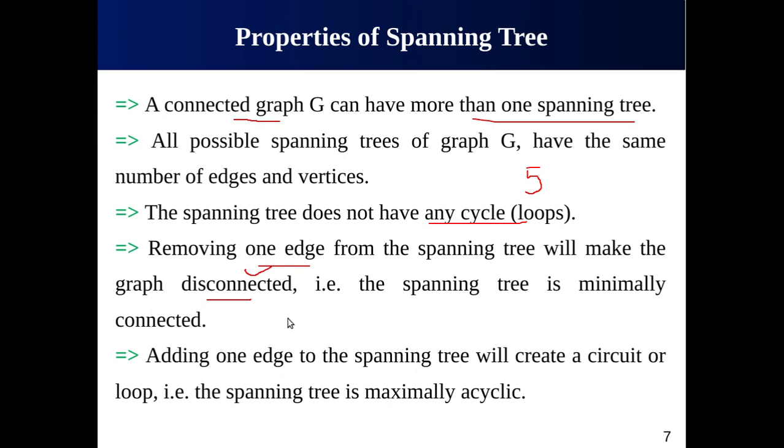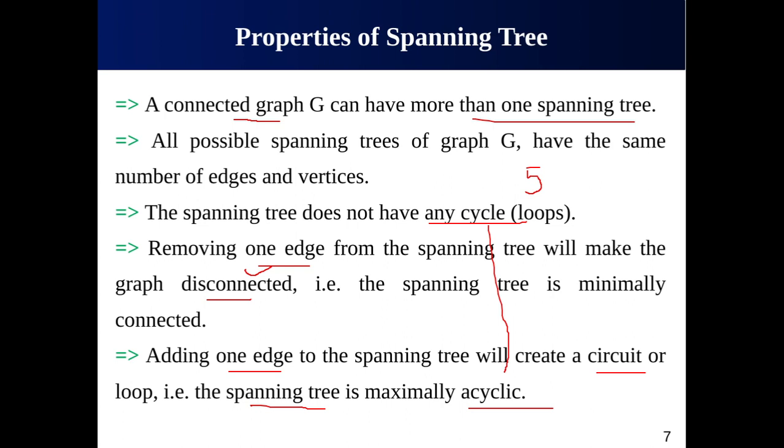And finally, if you add one extra edge to the spanning tree, what will happen? It will create a loop, or you can say a circuit or a cycle. And now the spanning tree will no longer be acyclic. The opposite of cyclic is acyclic. So removal will violate the property of the spanning tree, as well as addition of a new edge will also violate the property of the spanning tree.